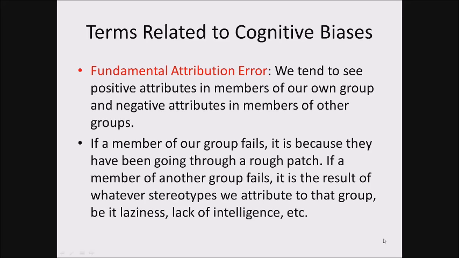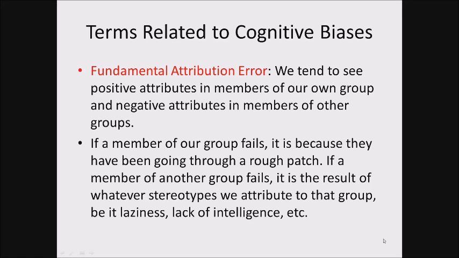This is called the fundamental attribution error. In the example I have here, I say, well, what if we have a member of our group failing? Maybe they're failing a particular course that we're all involved in. And if this person is a member of our group, we might attribute their failure to maybe they're having a rough patch, maybe things aren't going well for them at home, to things that are outside of their control.